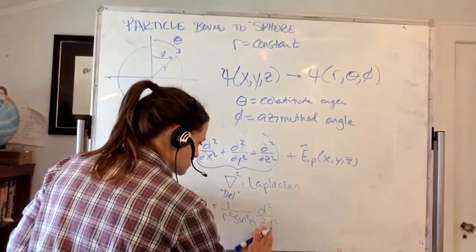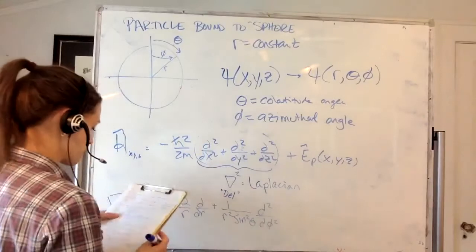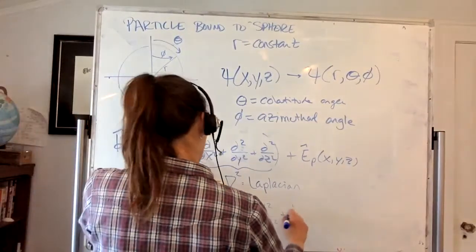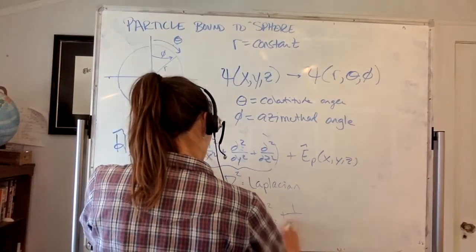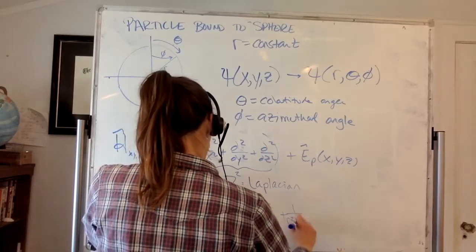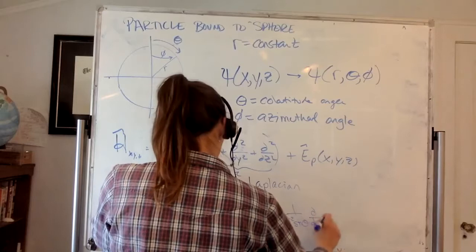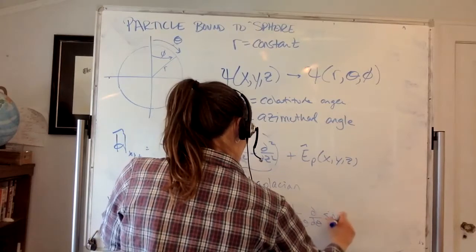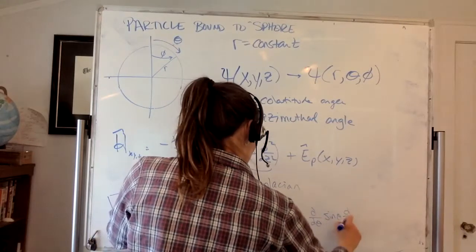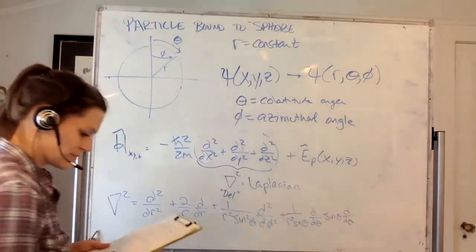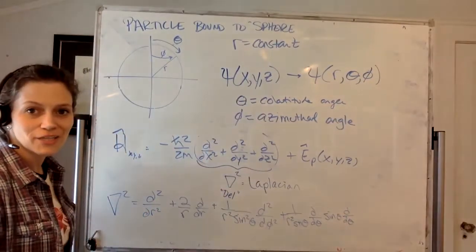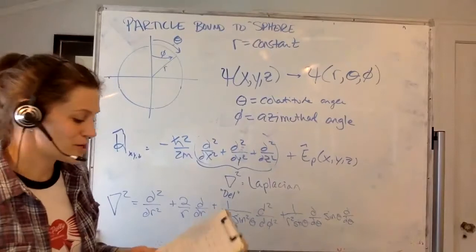Oh, those should be partials. I'm sorry. Plus 1 over r squared sine theta partial theta sine theta partial theta. I'm going to pause and make sure I got that right. Yes, I did. Go team.